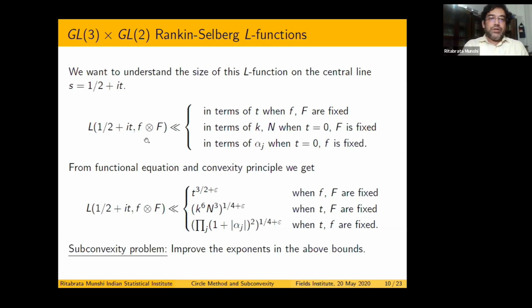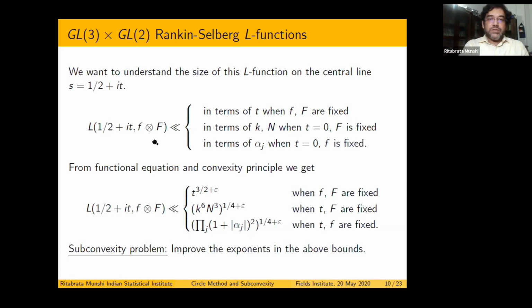There are three different aspects that we are interested in. For example, we can keep small f and capital F fixed and take t high up on the central line and try to understand how the size varies as t goes to infinity. There I will be trying to get a bound in terms of t.